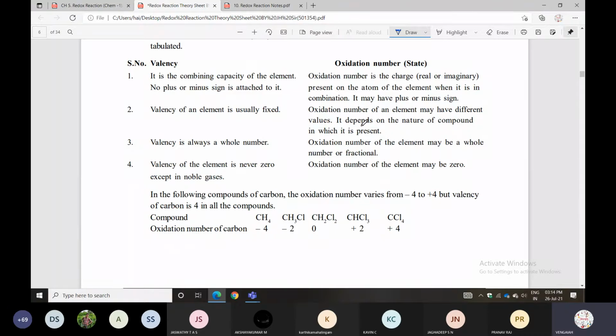Some compounds are given with their oxidation numbers. So carbon has valency 4, but it shows oxidation states from -4 to +4 depending on the compound. It is never a constant value.